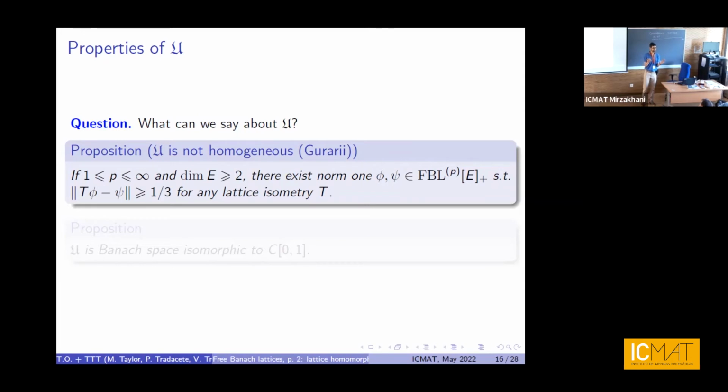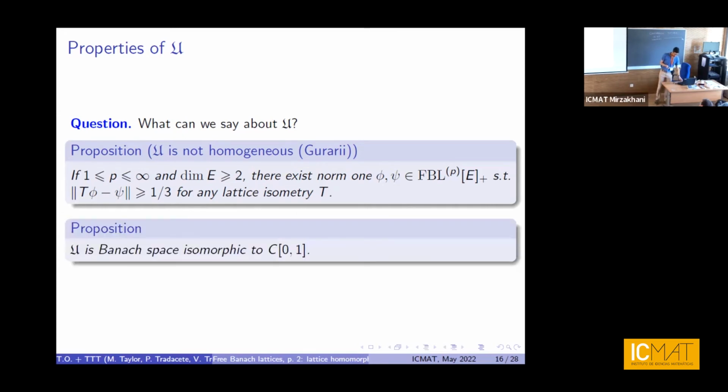There are always two vectors which cannot be moved one into the other. Another point is a Banach space characterization. On the Banach space level, this universal object is isomorphic to C[0,1], but this is just an isomorphism, and I cannot really control the isomorphism.